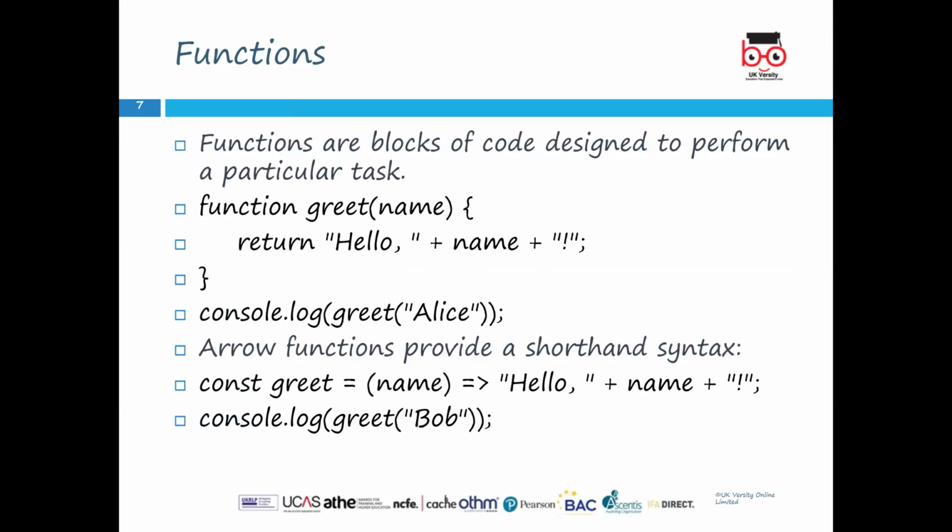Also, we have functions. There is a very important concept when it comes to all programming languages. In JavaScript, we call them functions, while in Java or other programming languages, we call them methods. So what do these functions and methods do?